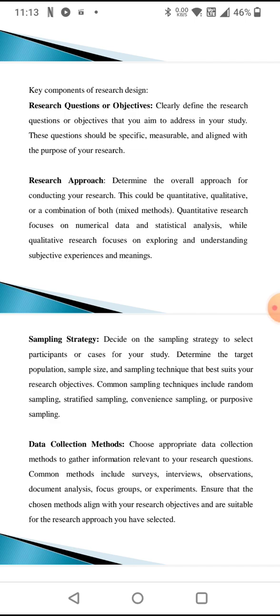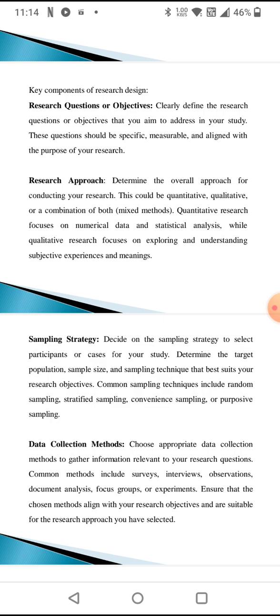Next is the data collection instrument. We got to know about the data collection methods, so next are the data collection instruments. What do you do here? Develop or select the specific tools or instruments to collect the data.